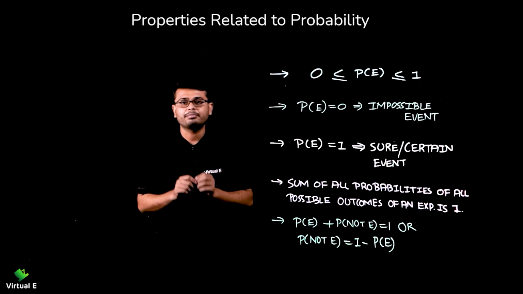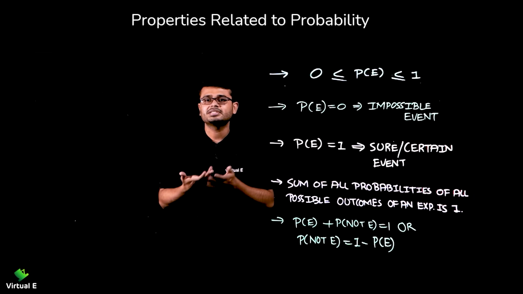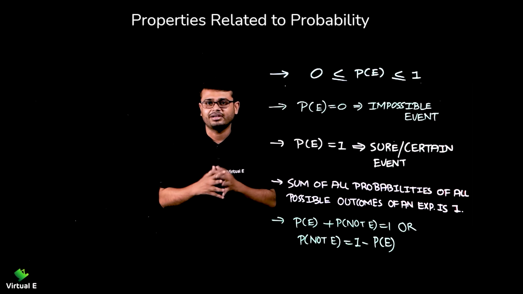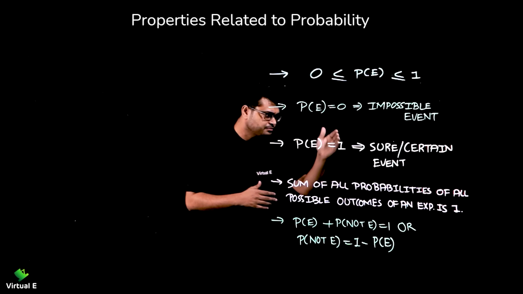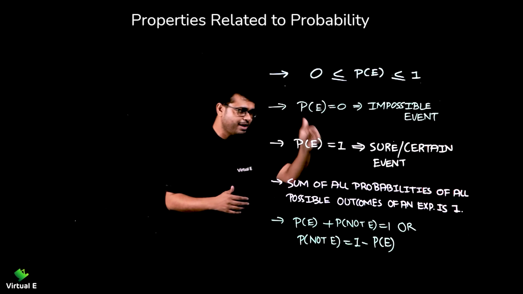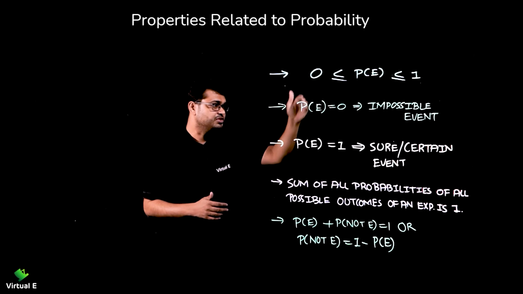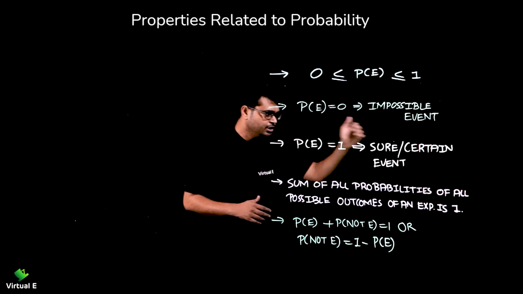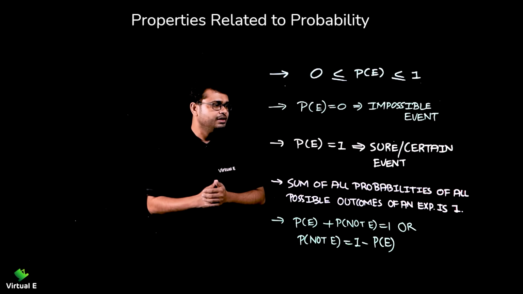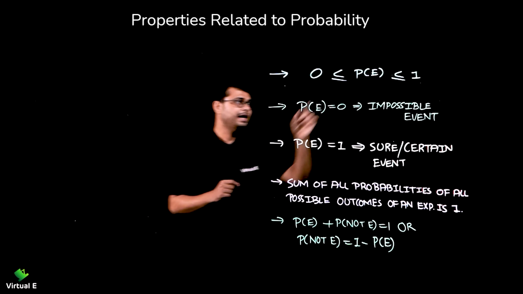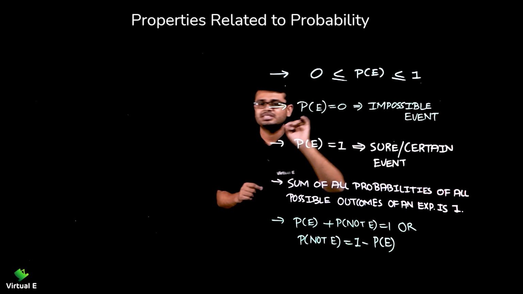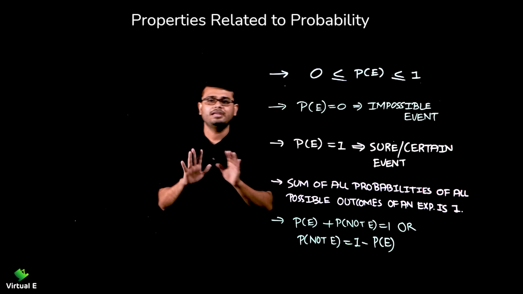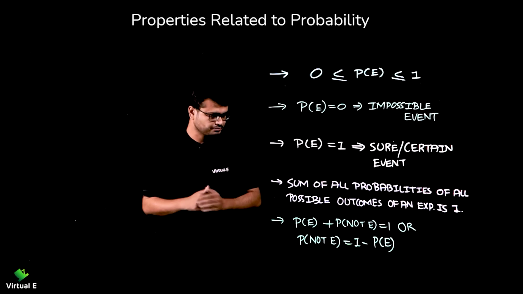It is going to happen 100%. Sunrise in the morning, that's a sure event, right? So probability is 1. If it is 0, then impossible event; probability 1, then sure or certain event. Any value between 0 and 1 is accepted for the probability, and 0 and 1 as well.